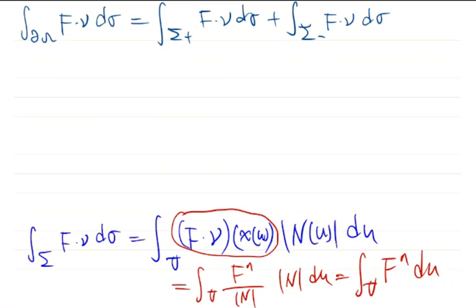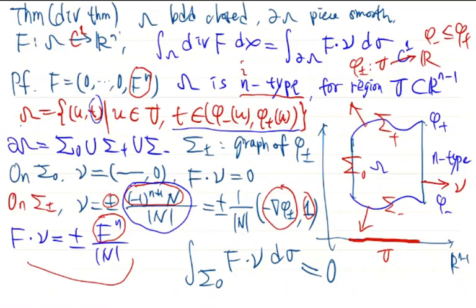So by this observation, for sigma plus and minus, all these are true. But for sigma plus and minus, this also has a positive and negative sign. So we take a positive sign for sigma plus and a negative sign for sigma minus.